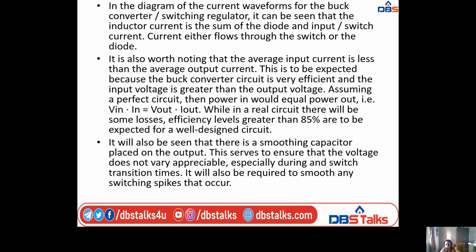Because it is used for smoothing. If there is any change in the voltage, by using a capacitor the voltage will not change. So for switching spikes that occur, you have to use a capacitor.